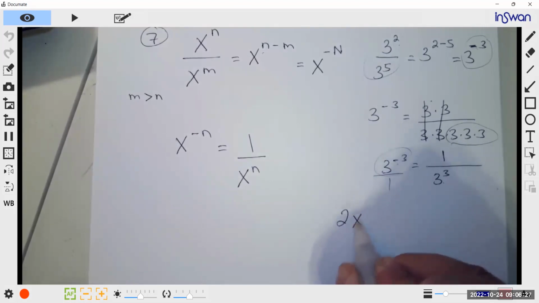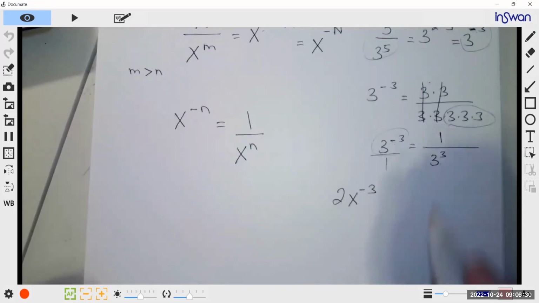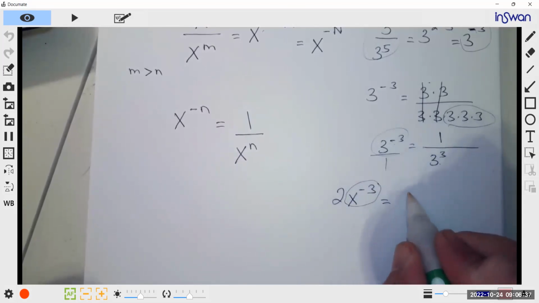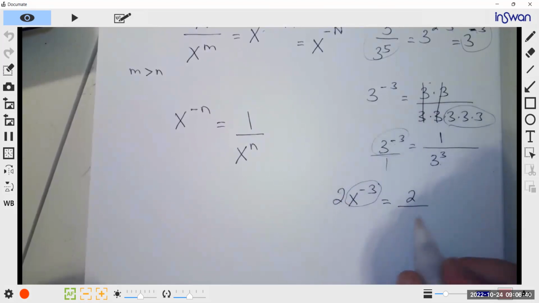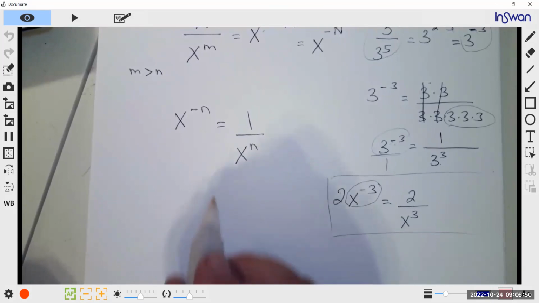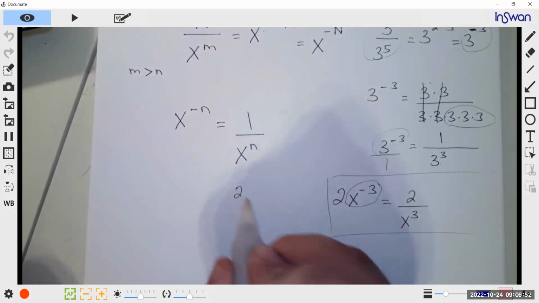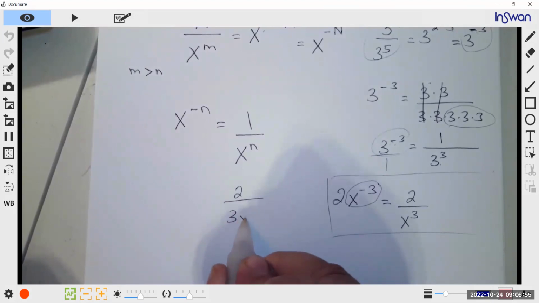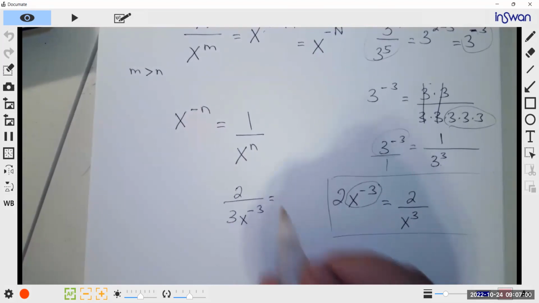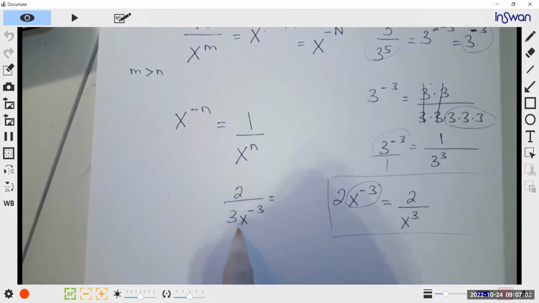So what if I had that? So this has a negative exponent. The 2 stays there. It doesn't have any exponent. And I bring it to the bottom, and I drop the negative. What if I had this? 2 over 3x to the negative third.